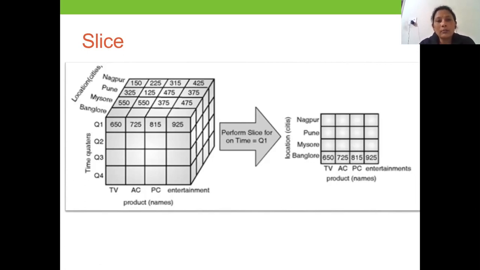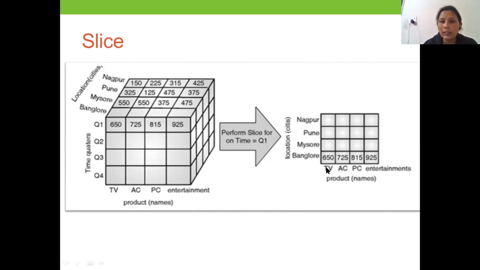Suppose that now we are in the month of March, and we have to see the sale of the first quarter. Since April 2020 is yet to arrive, there is no point in looking at the sale of these four products from April to January. In such a case, we will slice as per the dimension Q1. This operation is given over here, and as you can see, we have only one table.